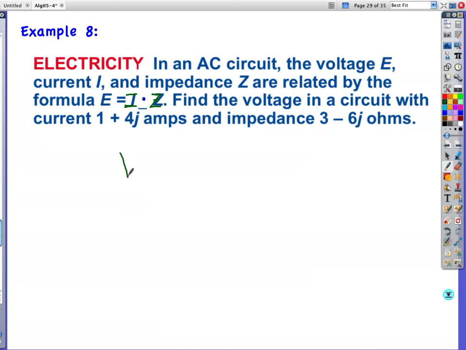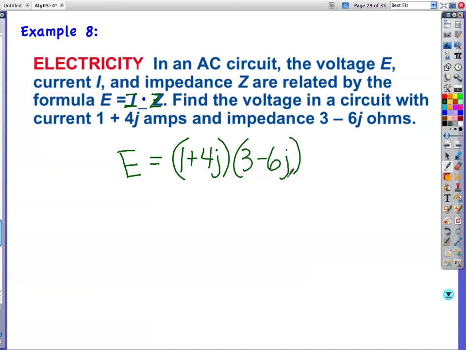So we want to find E, which is our voltage, equal to I, which is the current, and they tell us the current is 1 plus 4j. And then they have times, so I'm going to put this as a group, because if we have two things like this, and we're going to multiply, we need to say that's a group. And the impedance, which is Z, so that's 3 minus 6j.